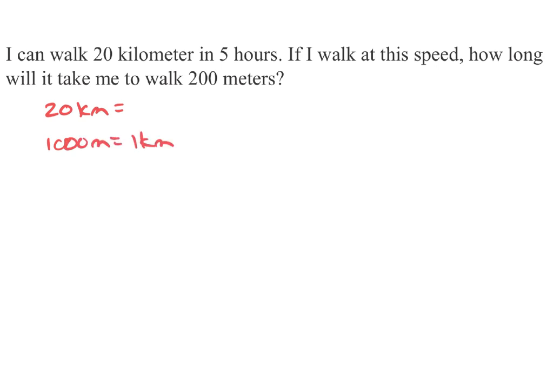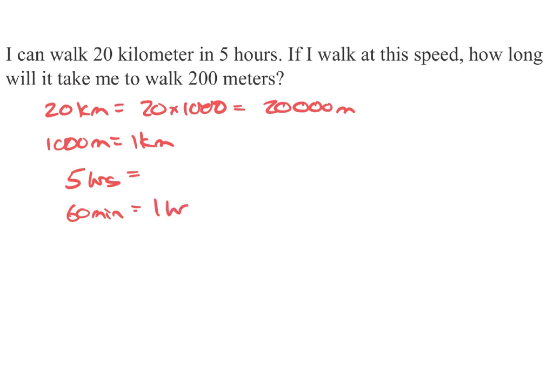So 20 kilometers is 20 multiplied by 1,000, which is 20,000 meters. 5 hours: there are 60 minutes in an hour. So 5 hours is going to be 5 times 60, which is 300 minutes.